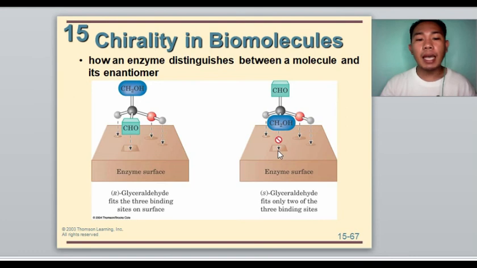The binding site is actually located on the surface of the enzyme. An enzyme with specific binding sites for 3 of the 4 groups on a stereocenter can distinguish between a chiral molecule and its enantiomer or one of its diastereomers.